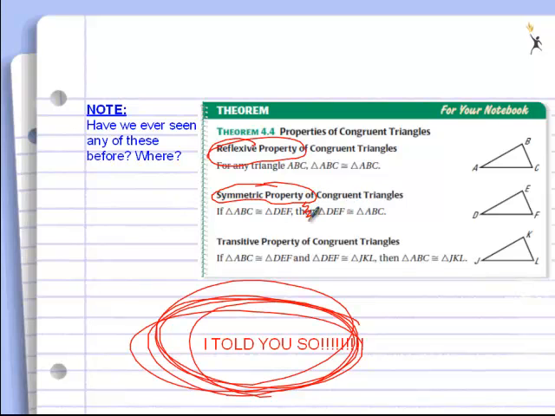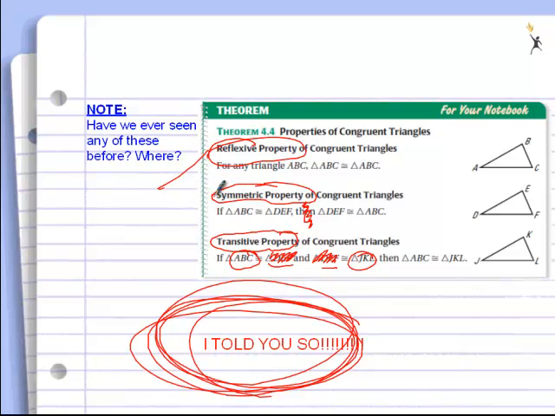You have a symmetrical statement, where it's basically flip-flopped. Then we also have the transitive property. If ABC is congruent to DEF and DEF is congruent to JKL, we can cross off what occurs twice and write a new statement, that ABC is congruent to JKL.